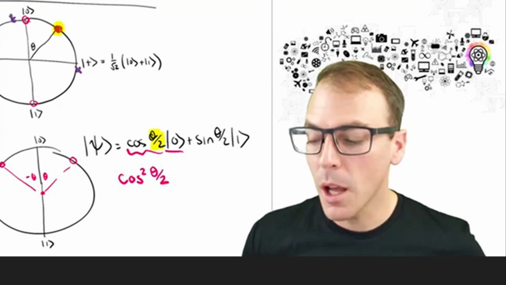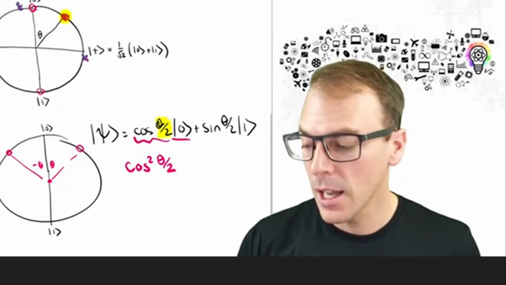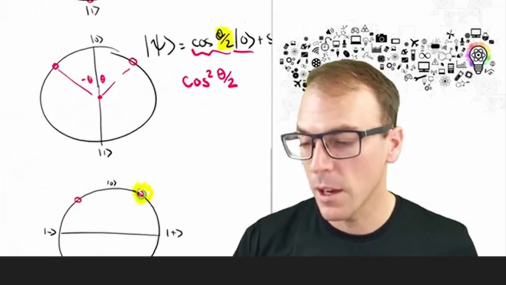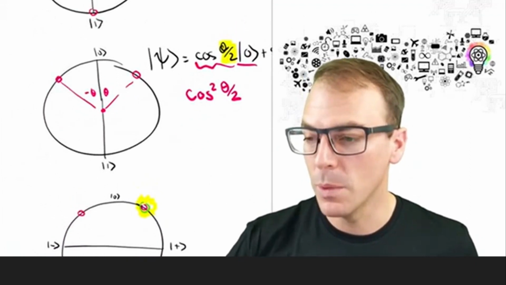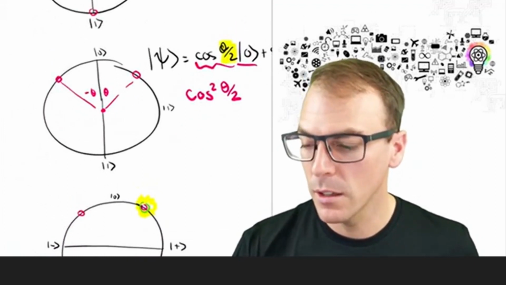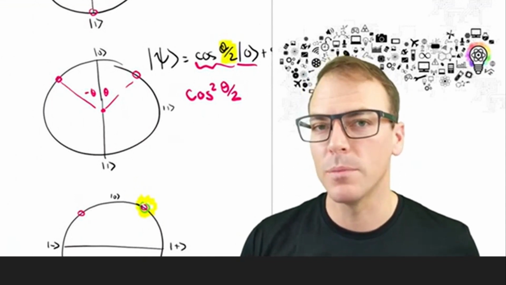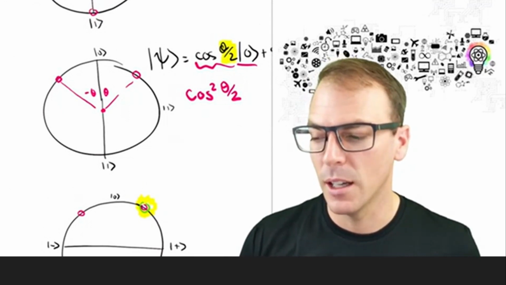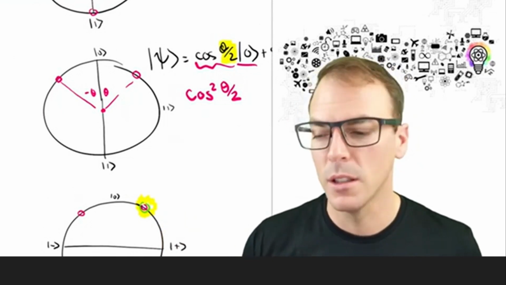So when the Bloch sphere is defined, it's defined with this half, and the reason is quite simple. If I didn't have the half there, then you're right, the 1 state would be over here, but then the 0 state would be at the bottom again, and I would cover the sphere twice, or in this case, the circle.